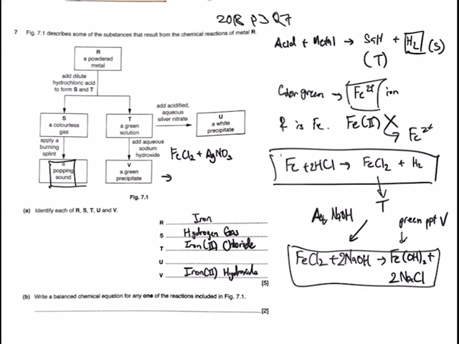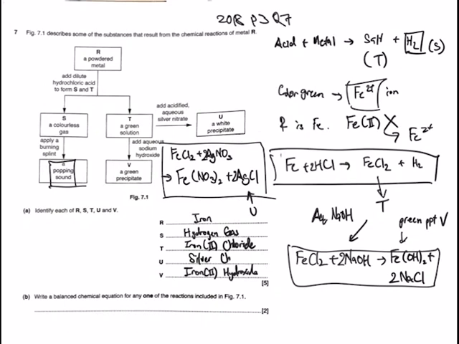This reaction gives you iron(II) nitrate and silver chloride. We balance out the equation, and this is the final equation. We know that the white precipitate will be silver chloride. So U is silver chloride.